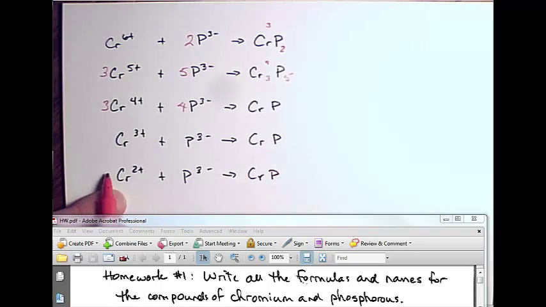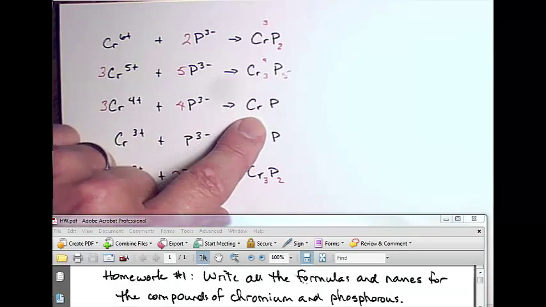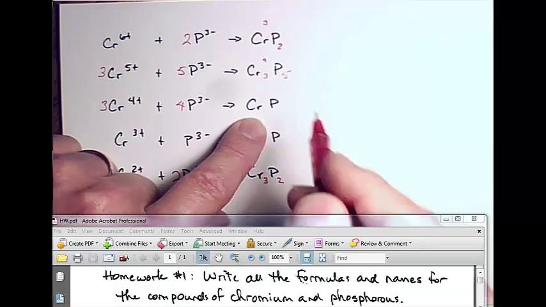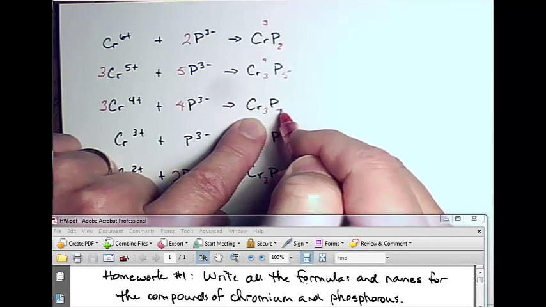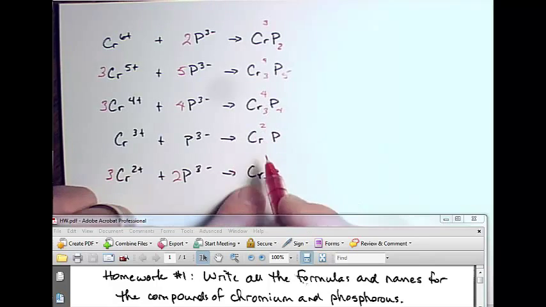We need 3 of these and 2 of these to make this balance out, so we're going to need 3 here and 2 here. This one is going to be worth, I haven't put the lower numbers here, 3 and 4, that's 1, 2, 3, 4 points there. 2 points here, and 1, 2, 3, 4, 4 points here.